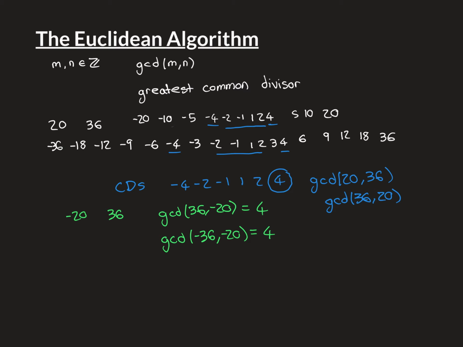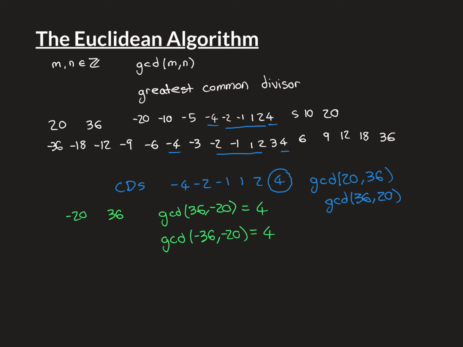So let's now talk about the Euclidean algorithm. This is a really brilliant method for finding the greatest common divisor of two integers without having to do all of this work that we did here, which wasn't too much work for 20 and 36, but you can imagine if these were huge numbers, if they were 7-digit numbers, this would be a lot more work writing out all of their divisors and then working out which ones are common and then finally finding the biggest one.